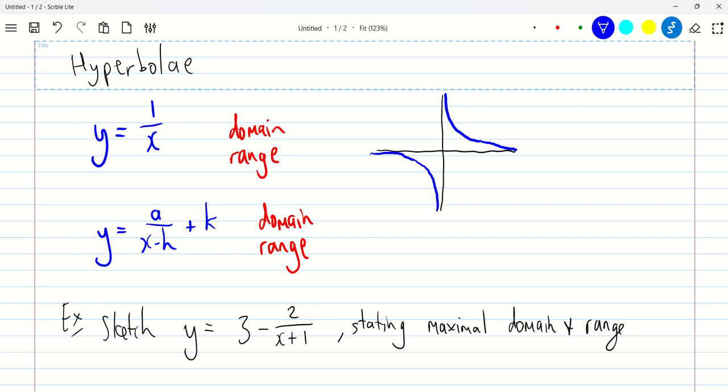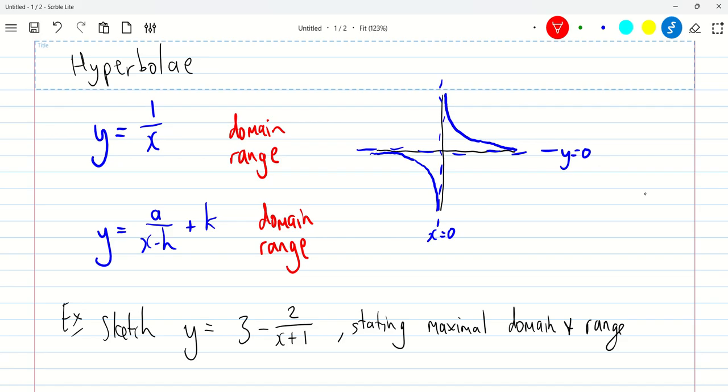And because it gets closer and closer to the axis but never touches, we have asymptotes there and there, along the axes. So when y is equal to 0, we get an asymptote, and when x equals 0, we get an asymptote as well. So what's its domain? It's valid for all x values except when x is equal to 0.